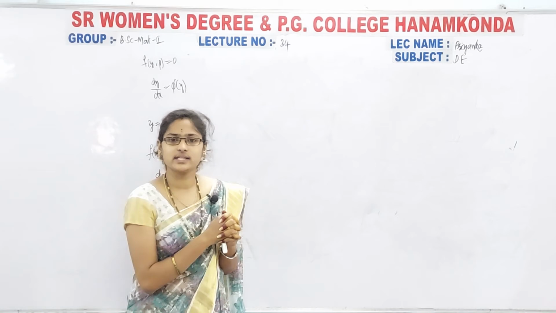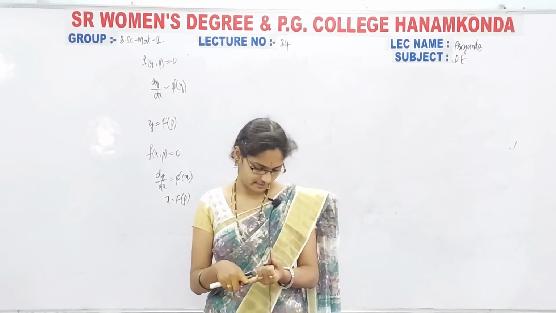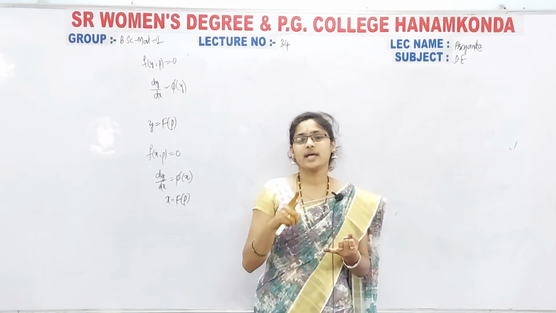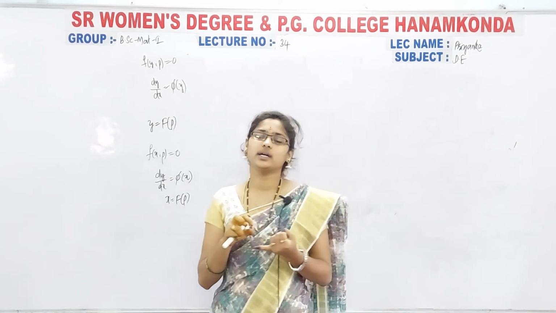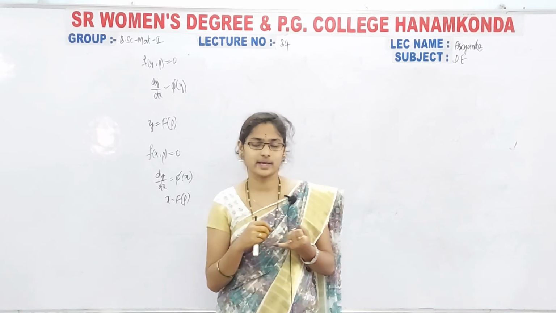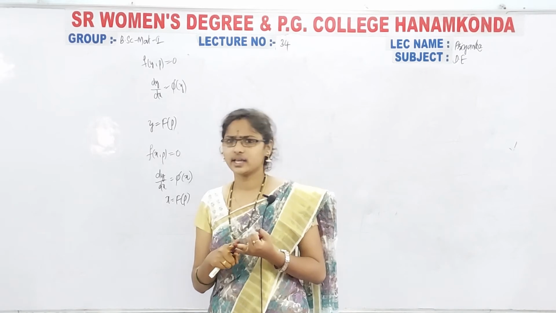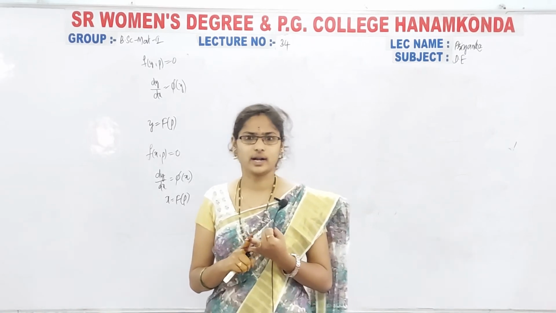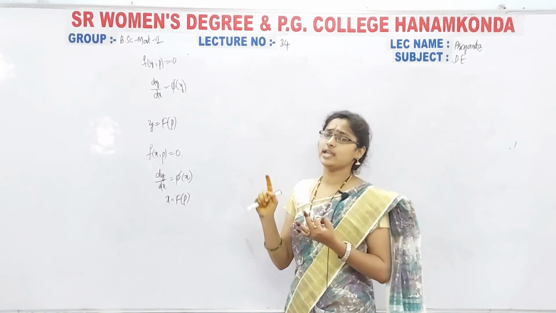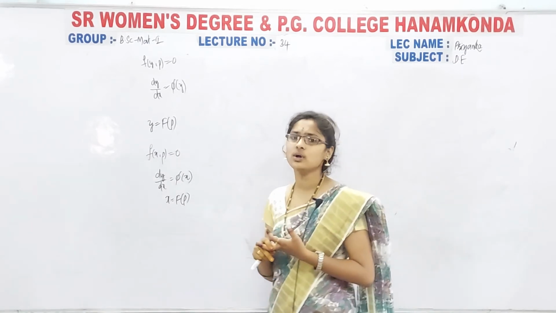Simply what they are saying is, in the concept of the equation solvable for p, we are taking dy by dx and differentiating it with respect to x. Again, for equation solvable for y, we are taking the differentiation with respect to x. And equation solvable for x means we are taking the differentiation with respect to y.